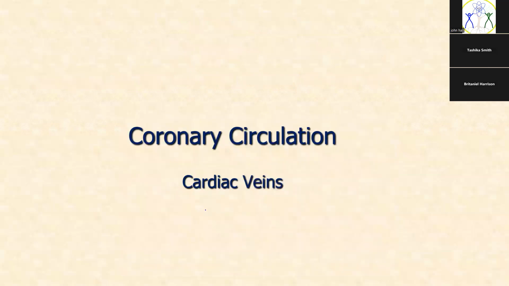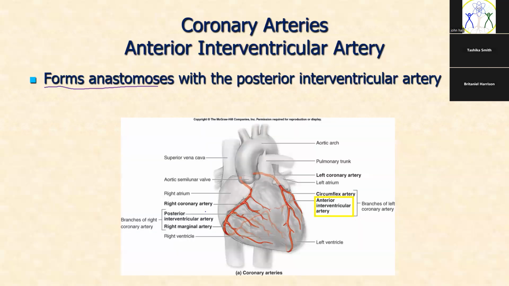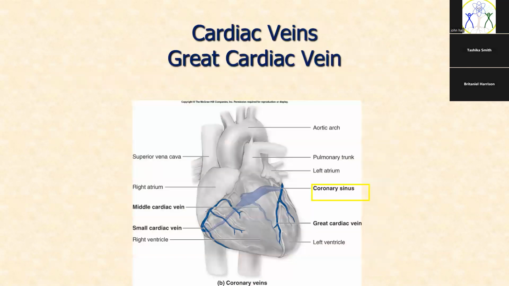So please remember, go through, make sure you remember the important ones, the coronary arteries, where they're coming from, where they're going to: posterior interventricular, marginal arteries, anterior interventricular, circumflex. Where are they coming from, where are they going to, right? Same thing with the veins, right? So coronary sinus, remember it leads into your right atrium.